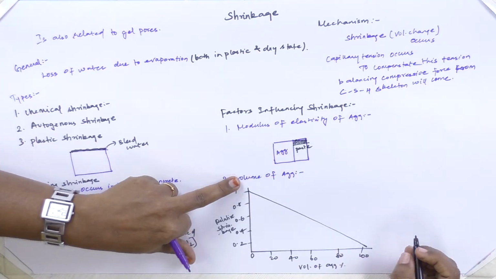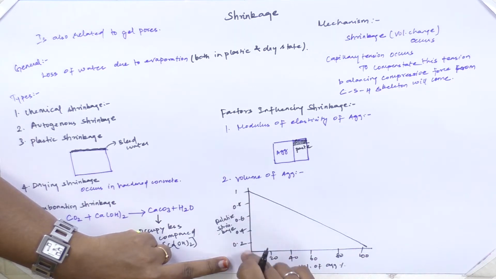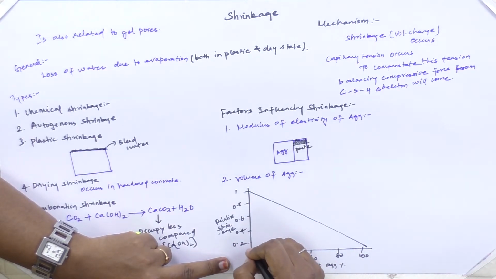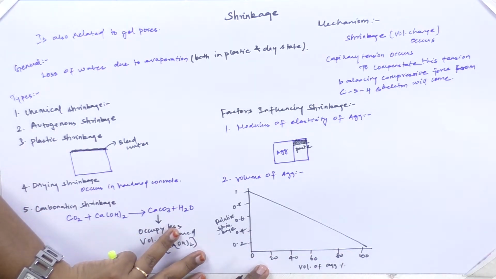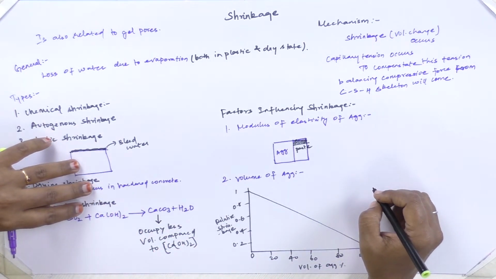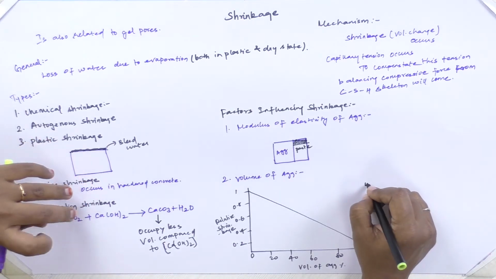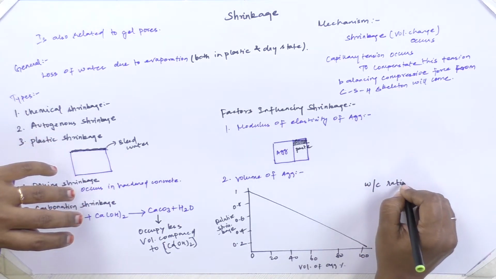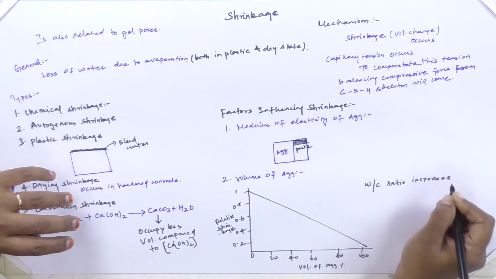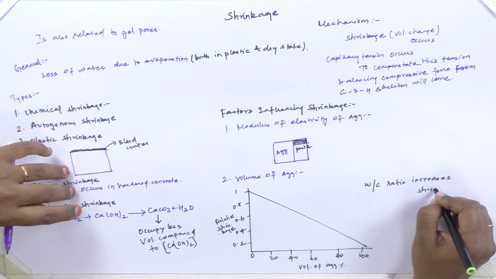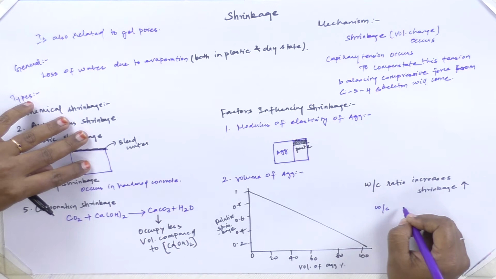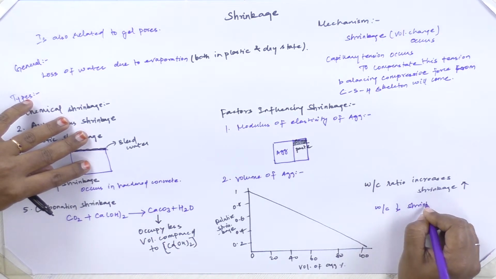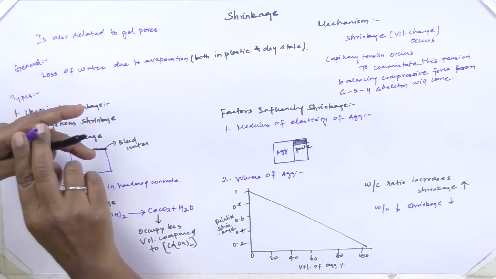Next is volume of aggregate. If I am having more volume of aggregate, then that concrete exhibits relatively lesser shrinkage when compared to that of a low volume aggregate content. And also, if the water cement ratio increases, shrinkage increases; if the water cement ratio decreases, shrinkage decreases.